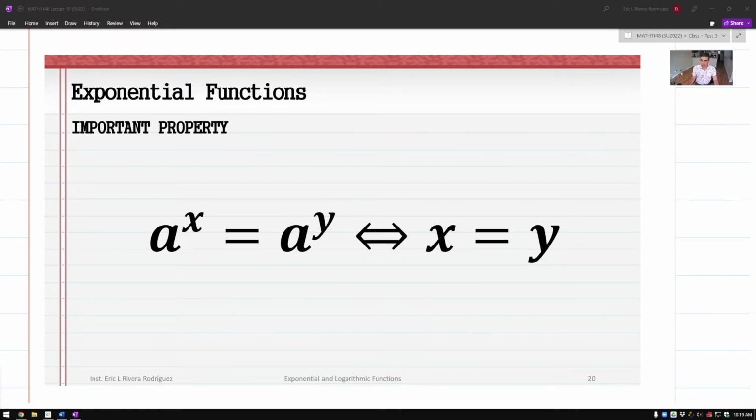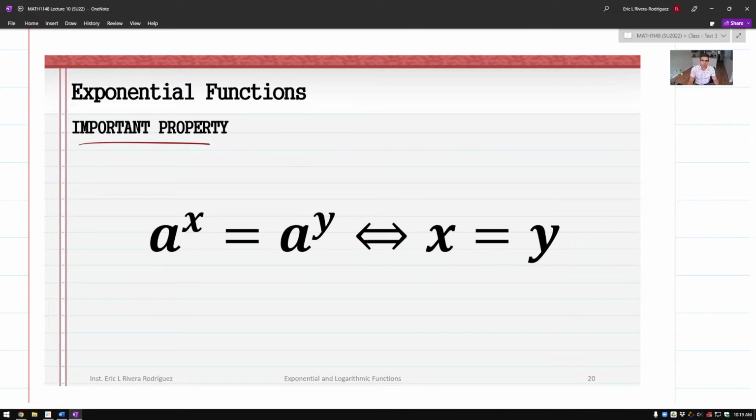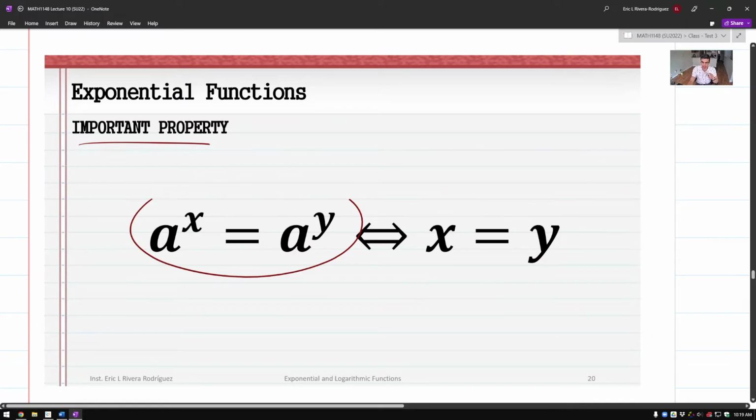This is a very important property that we are going to use, because the main objective of learning about exponential functions is to know how to solve exponential equations. And let me explain this property for you.